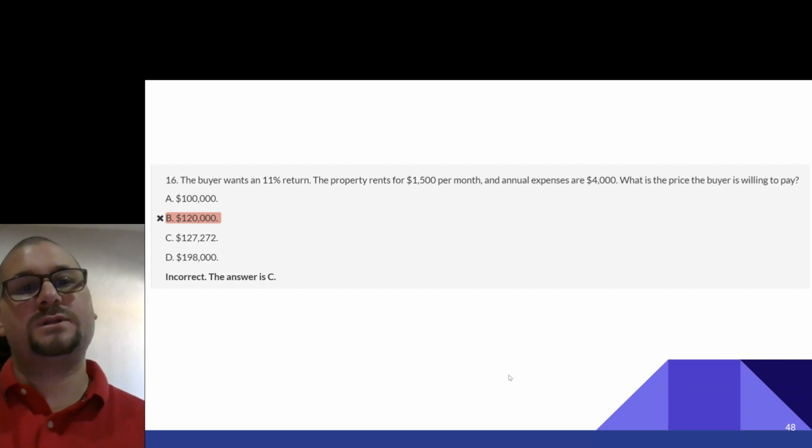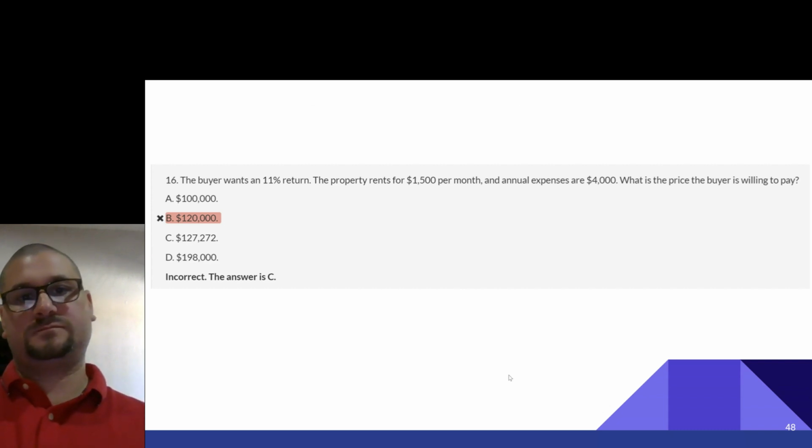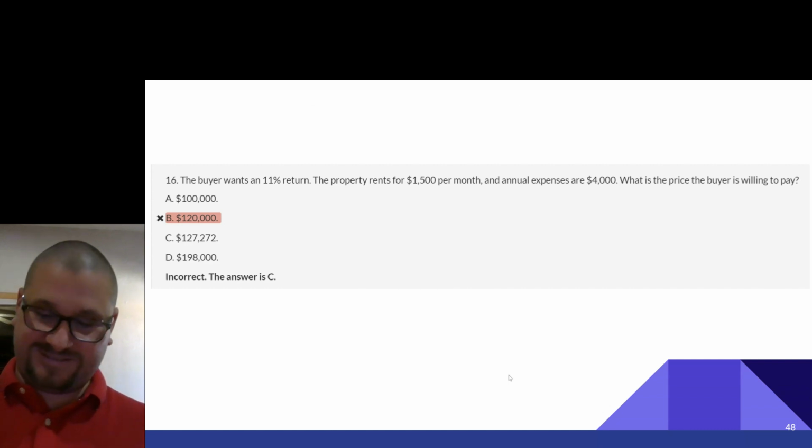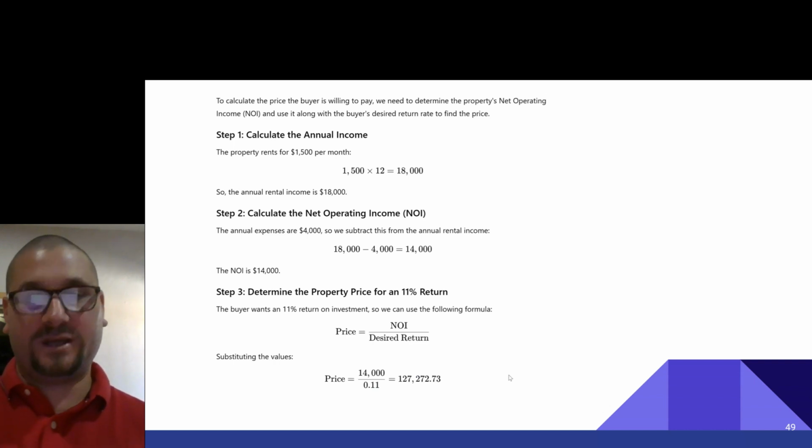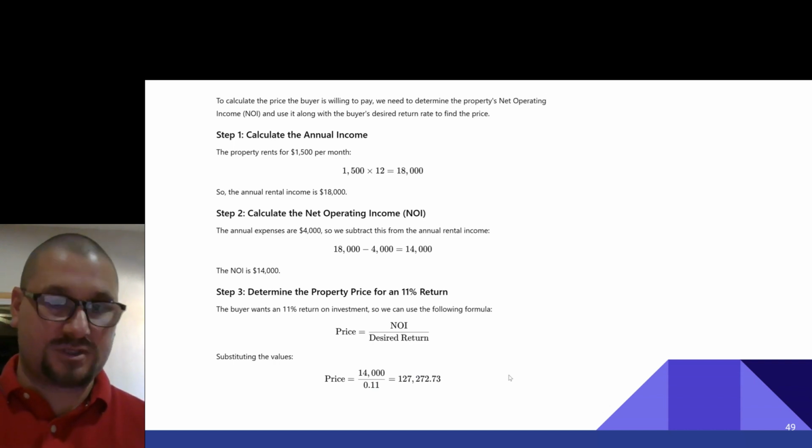So the buyer wants 11% return. The property rents for $1,500 per month, and the annual expenses are $4,000. What is the price the buyer is willing to pay? So the price he's willing to pay is $127,000, right? Because the price is going to be the net operating income divided by the desired return.